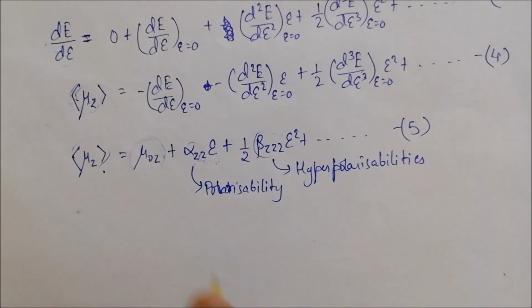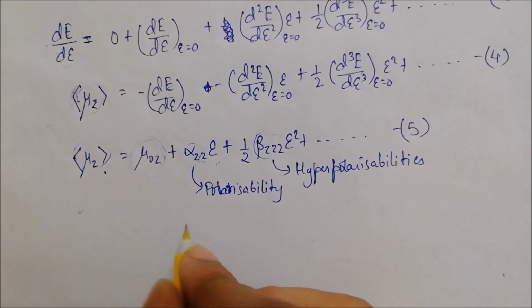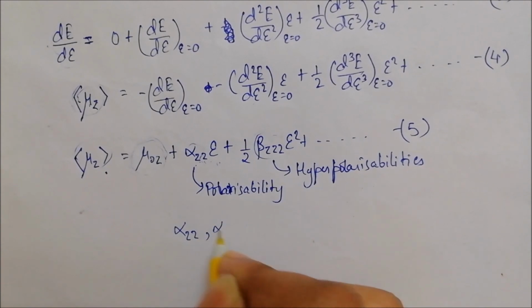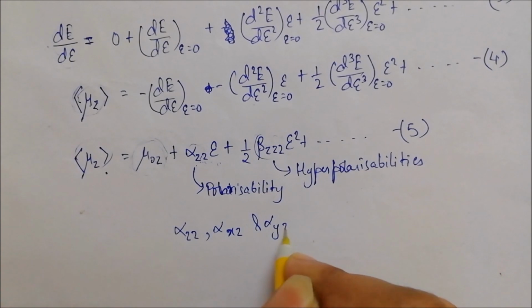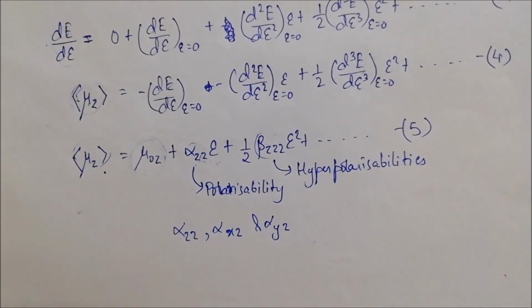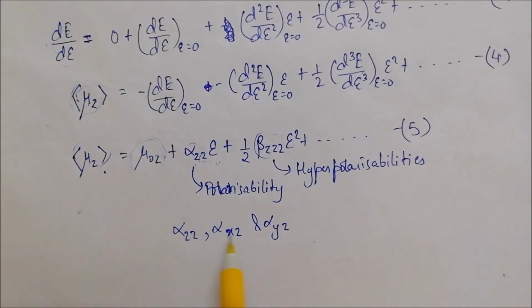So, as we know, the dipole moment induced along the z direction has contributions from all these components and alpha yz. That is, the dipole moment will be induced along z due to the electric field along z, x and y.